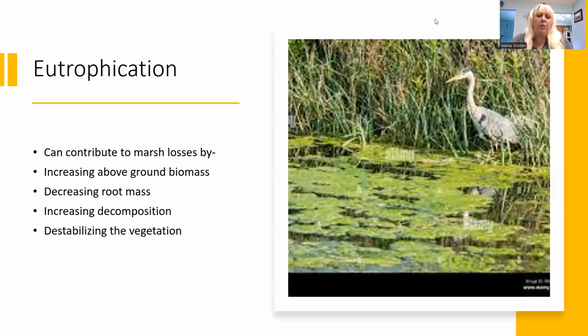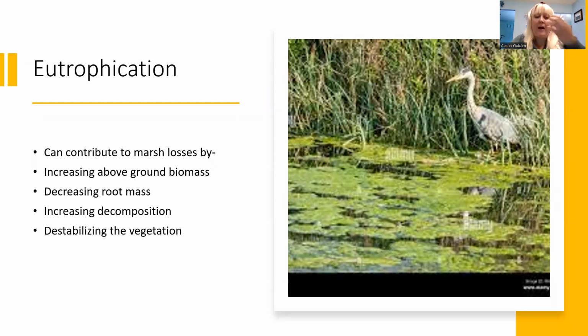So I also want to talk a little bit more about eutrophication. We just talked about the increase of algal blooms, but nitrogen and phosphorus can also contribute to marsh losses by increasing above ground biomass, right? Like artificial fertilizing, and you can have a decrease of the root mass, and you're going to have an increase of decomposition, and that can really destabilize the vegetation.